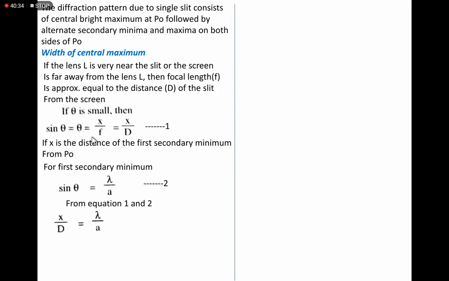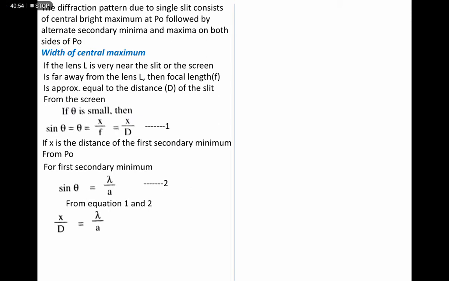From the diagram, when the lens is close to the slit, x is the distance between the central maxima and the first minima, and D is the distance between the lens and the screen, so it is the focal length f.